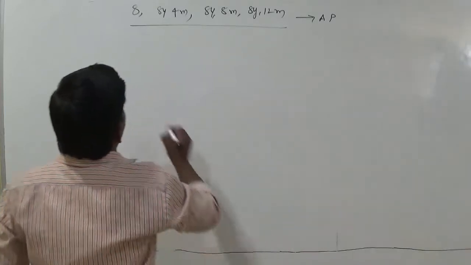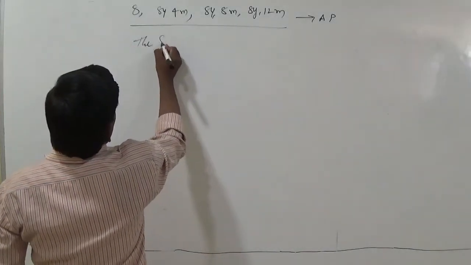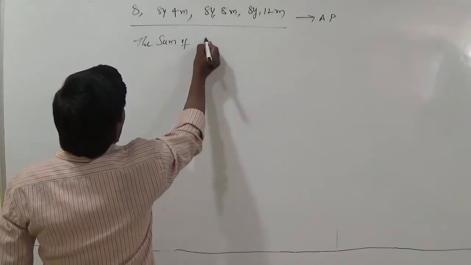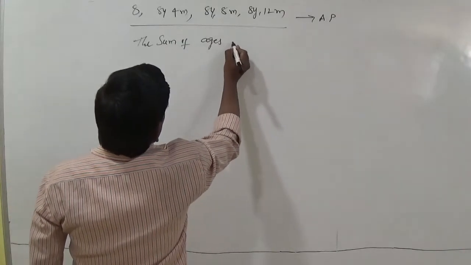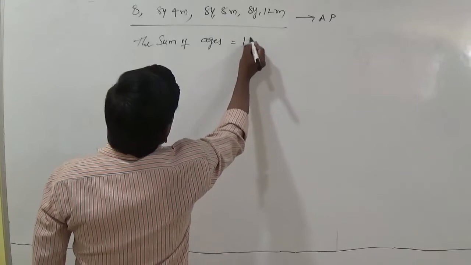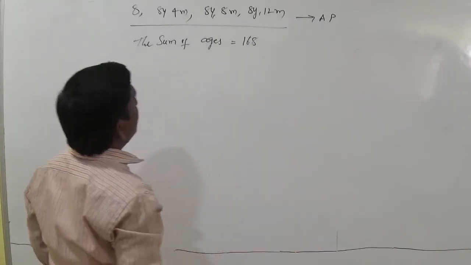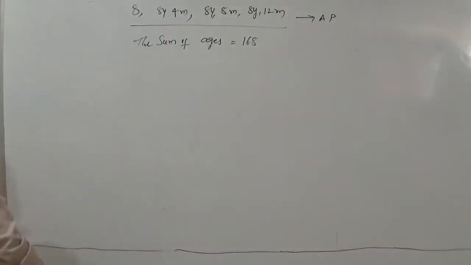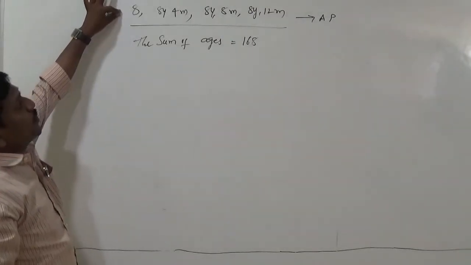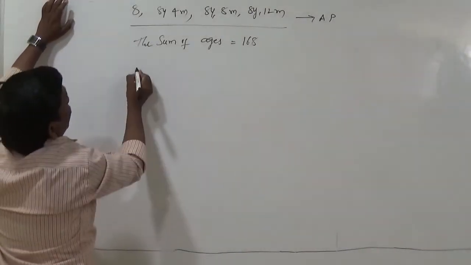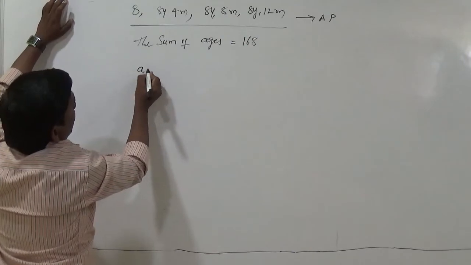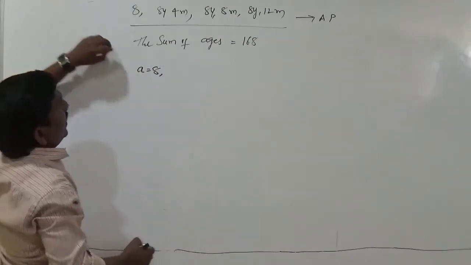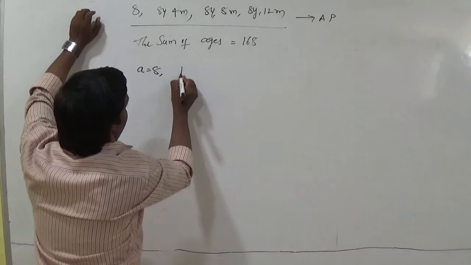The sum of ages is 168. Here, in the progression, take first term A equal to 8 years, and what is the common difference?